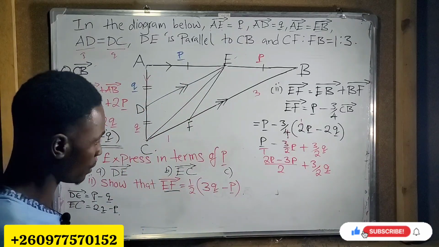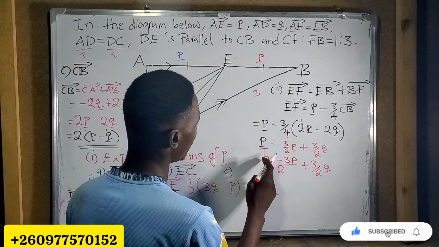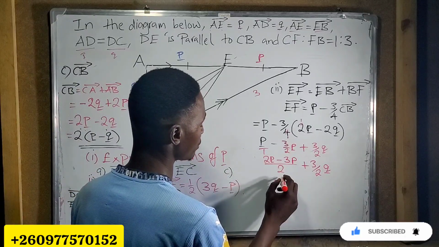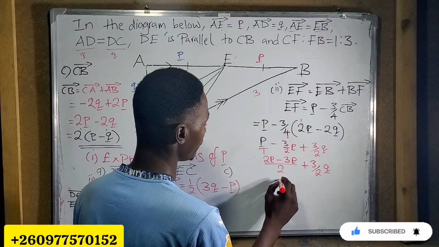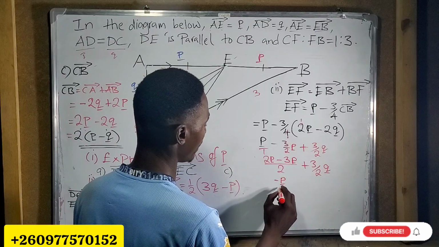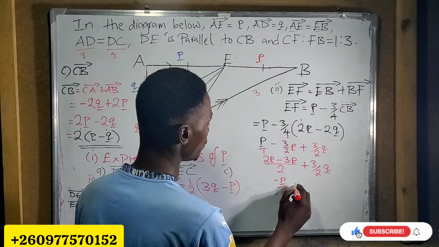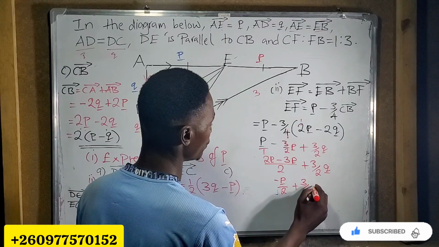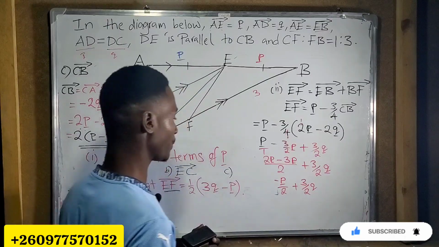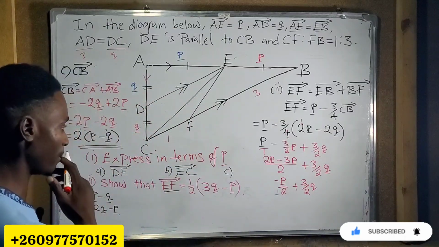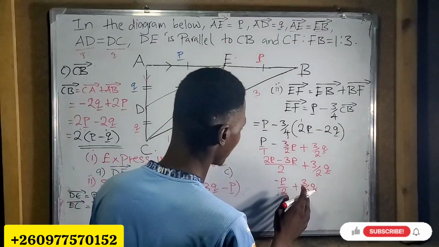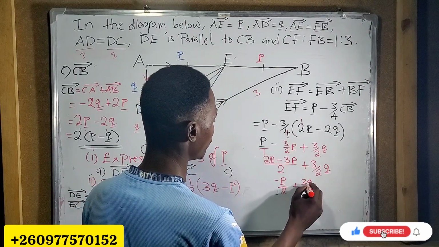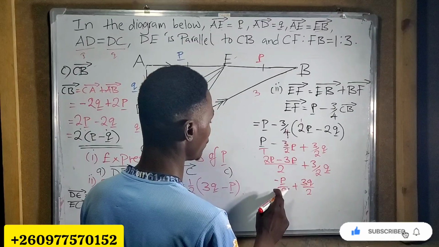So we can solve here on top. 2 minus 3 is negative 1. So this is negative P over 2 plus 3 over 2 vector Q. Or this one can just come on top here. You just write 3 vector Q over 2.